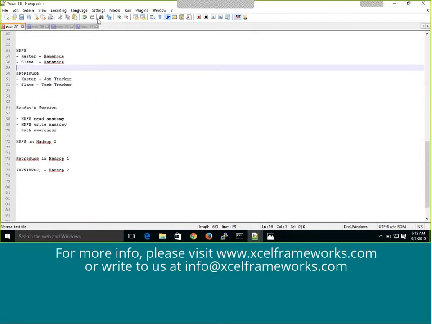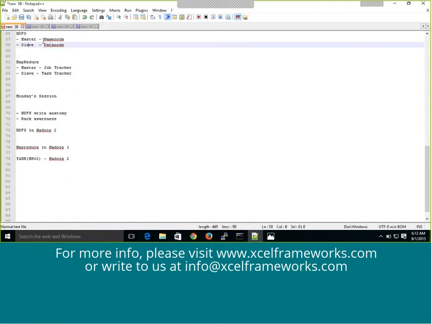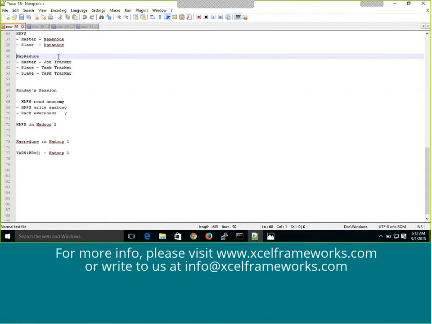Now, when I introduce Hadoop 2, what is this called? In Hadoop 2, your HDFS remains the same. There's no major change in here. Your naming convention did not change. Importantly, what changes is your MapReduce part. Now, the job tracker is called what in Hadoop 2? Node manager.